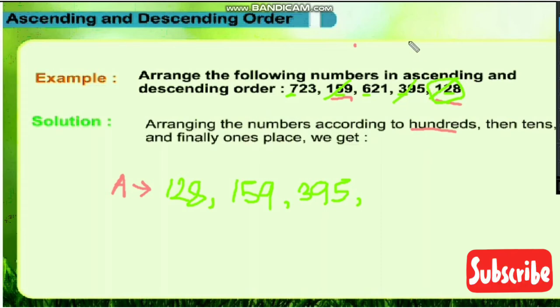Now 2 numbers remain. In these 2, first 700 and then 600 is there. Which is small? Obviously 600 is smaller than 700. Then we will write this value, 621. This number is also gone now.